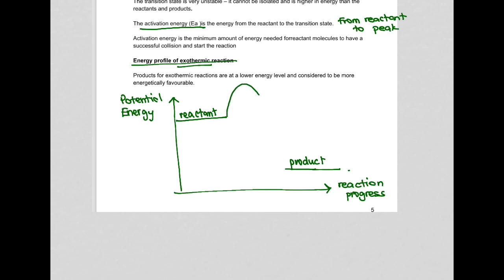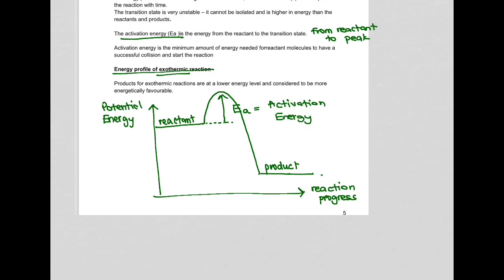You will have a peak here, and the activation energy is from the level of the reactant to the highest point, which is here. And because this is exothermic, I will also show the delta H being negative. For any values that you know, you include the values in the energy profile diagram, like here and here.